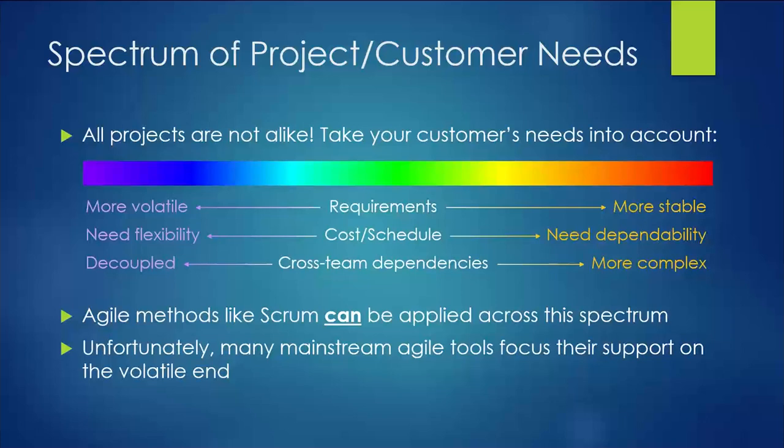And then of course there's another aspect on this spectrum, which could be if you're working in a SAFe type environment and you're trying to scale this up and you have a number of teams that have dependencies on each other. Obviously you'd like to try to decouple those as much as possible, so that teams aren't waiting or blocked by things that other teams are producing.